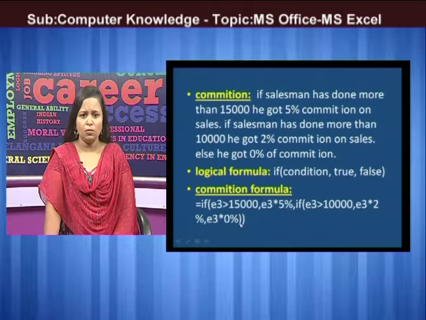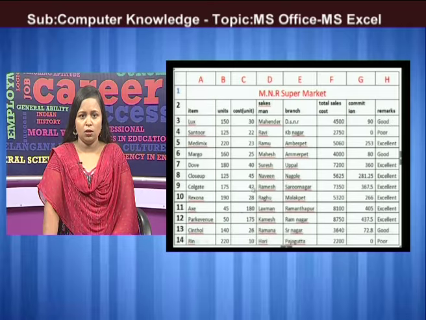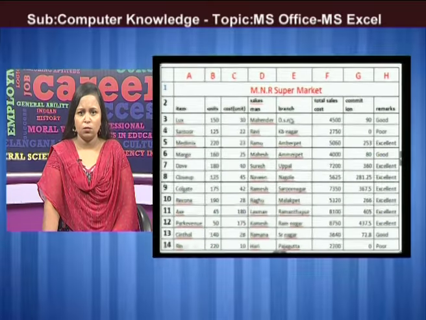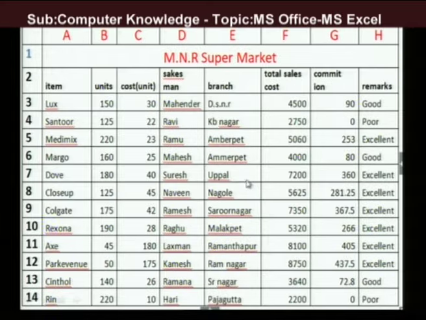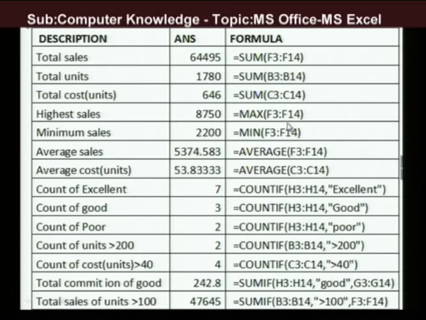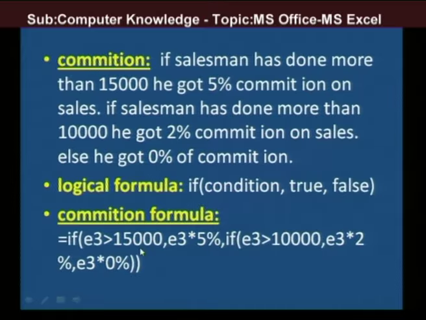So, IF E3, E3 is the branch name and F consists of total cost of sales. If total cost of sales is greater than 15,000, then it will calculate 5%, and for 10,000 it will calculate only 2%. So, this is the commission formula using the if condition.